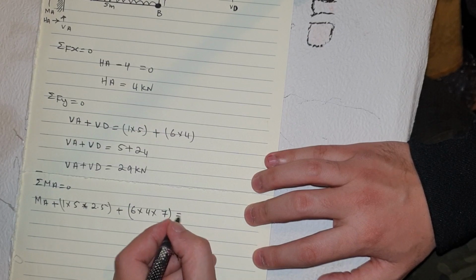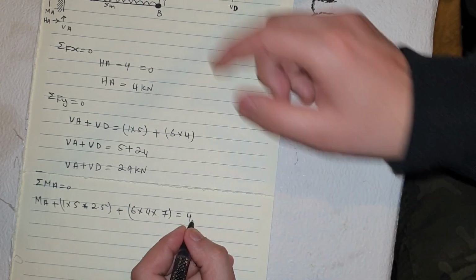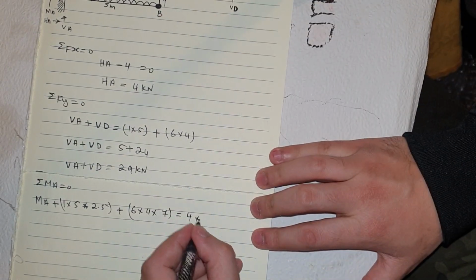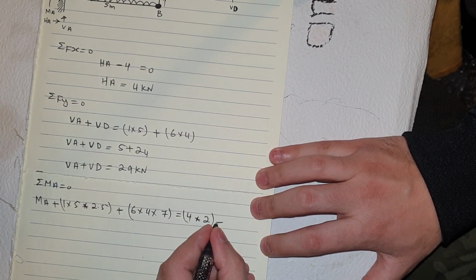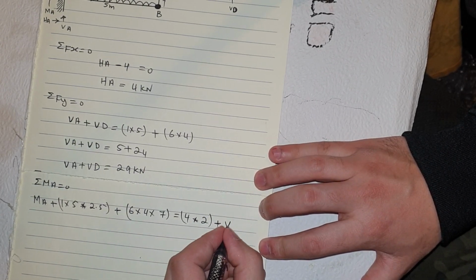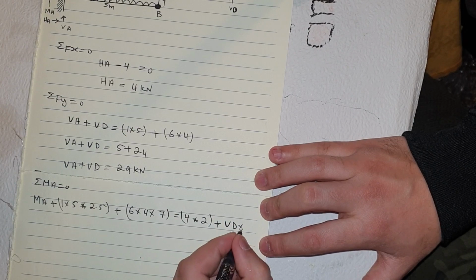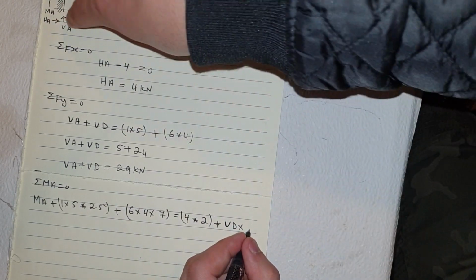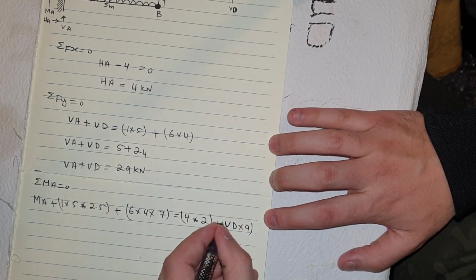No, so which means it's equal to 4 times the distance is 2 meter plus Vd times the distance, total distance is 9 meter.